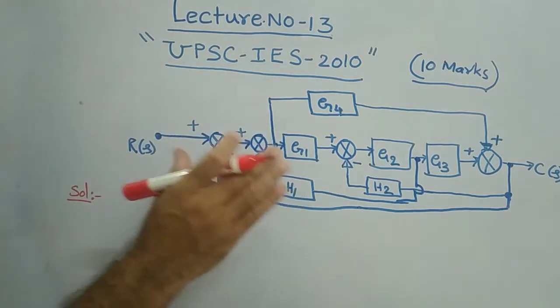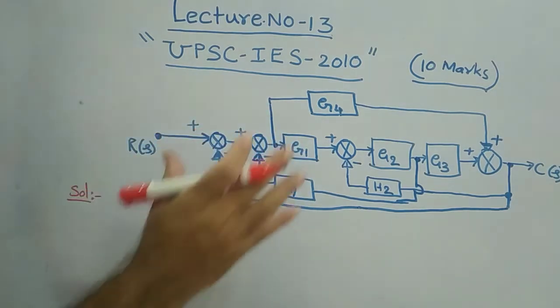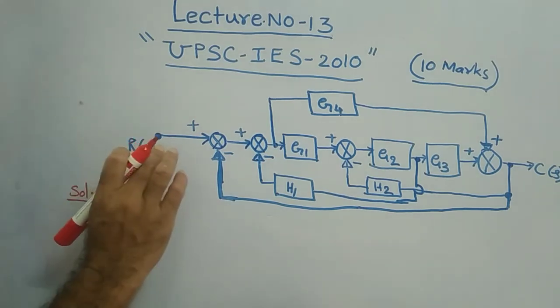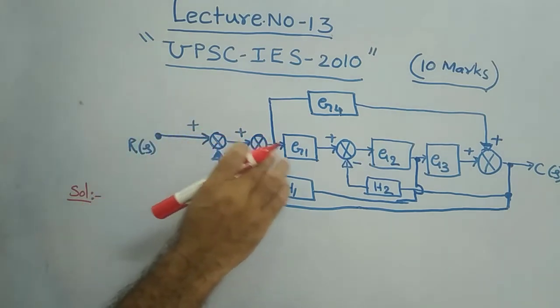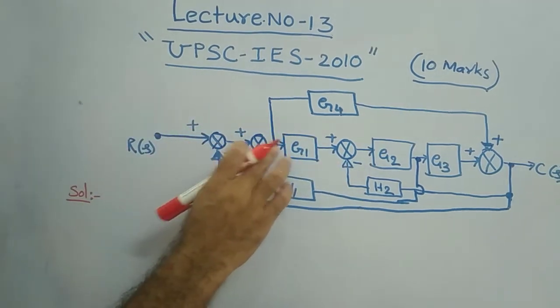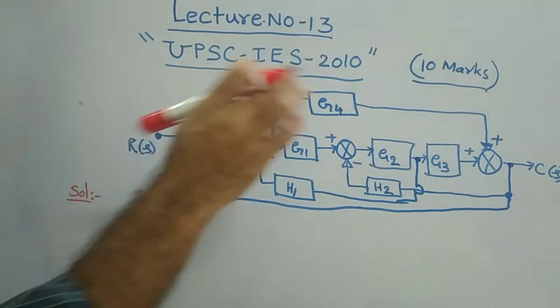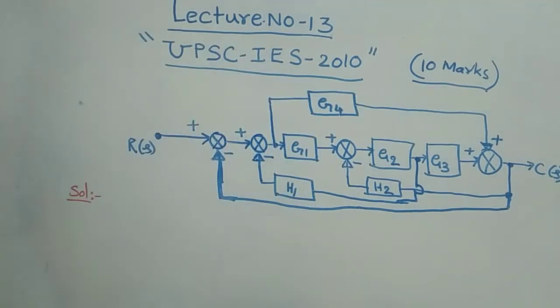For any given block diagram problem, in order to convert the given block diagram into the equivalent signal flow graph, you need to consider all the summing points as well as the takeoff points and the input and output as nodes. Understood?